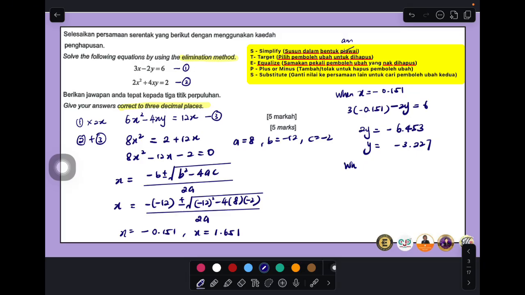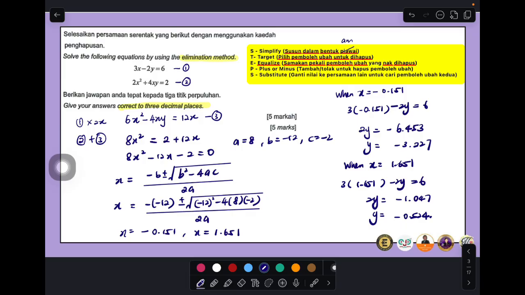So another one, when my X is equal to 1.651, 3 multiplies 1.651 minus 2y equal to 6. So 2y equal to negative 1.0747. So y is equal to negative 0.524.